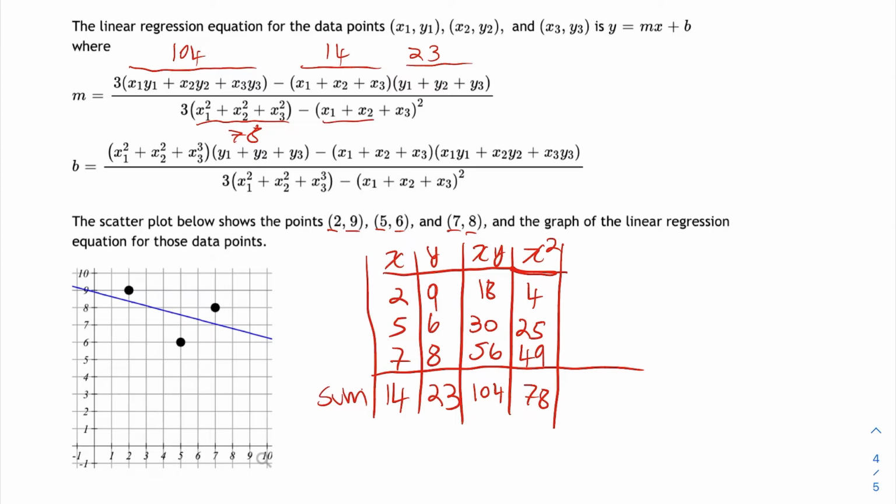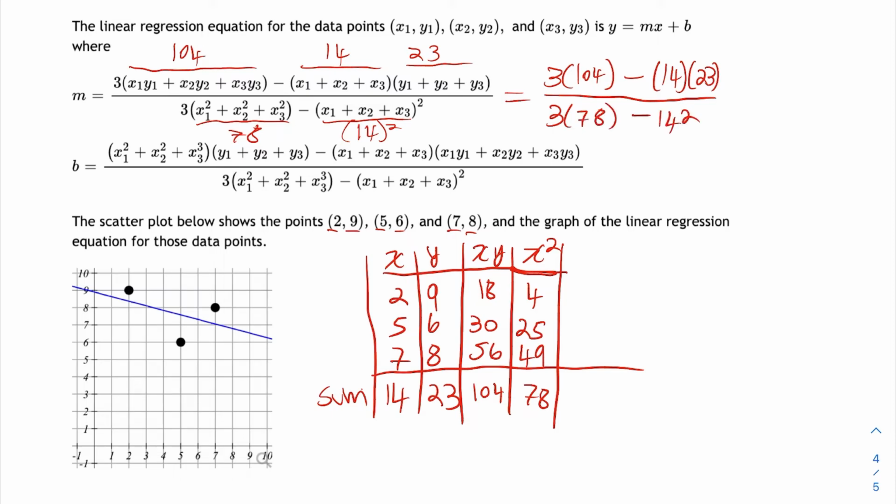And when I added up the x's, I got 14, but I'm squaring that 14. So the formula becomes that the slope of this line is 3 times 104, minus 14 times 23, and that's going to be divided by 3 times 78, minus 14 squared.